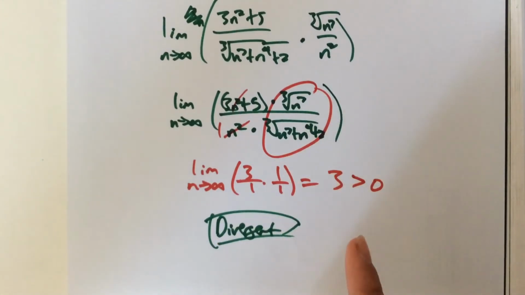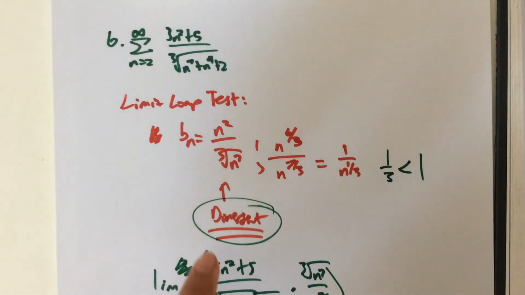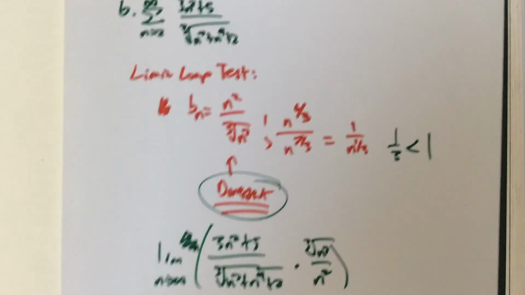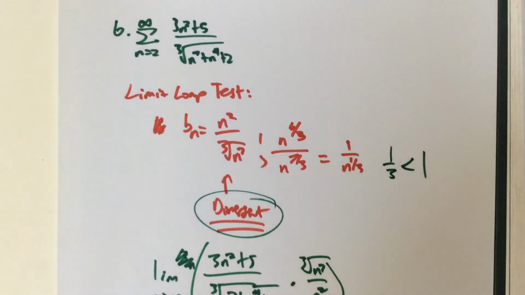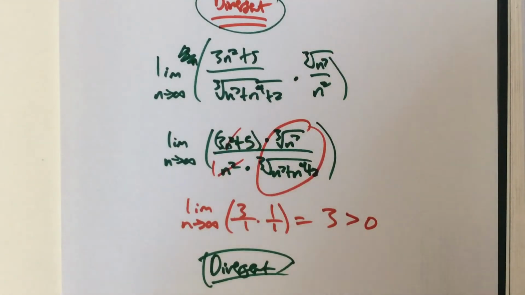So because 3 is greater than 0, by the limit comparison test, this would be divergent because b sub n, which we compared it to, is also divergent. A common mistake on here would be to forget to use the limit comparison test, and then you might end up simplifying with wrong algebra, and then you do your limit wrong too, and therefore you might get the wrong answer.